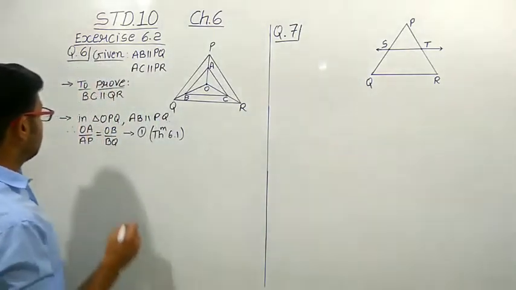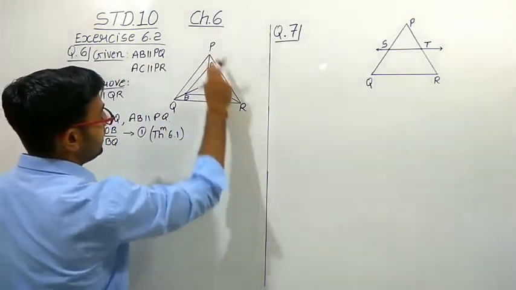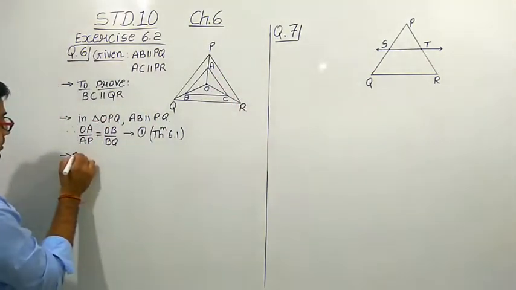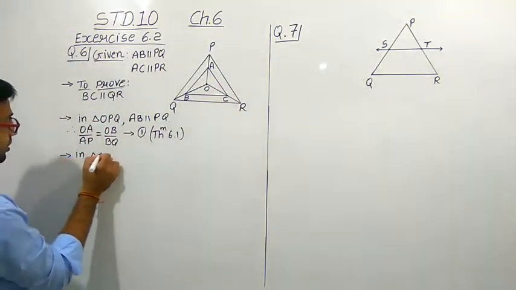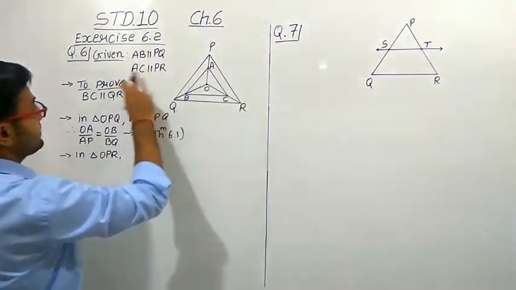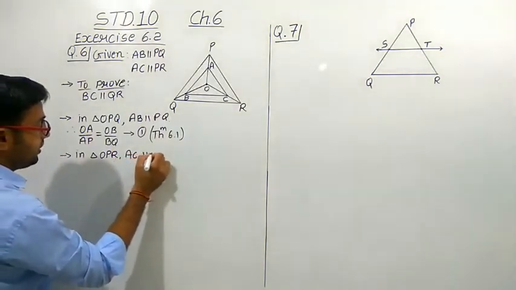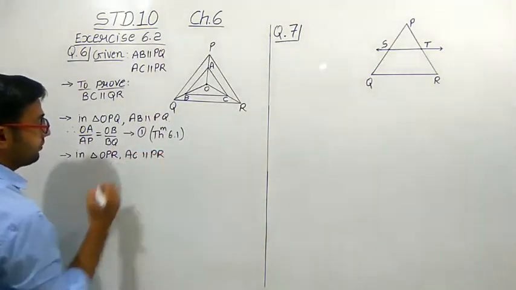In the same way, now consider this triangle OPR. In triangle OPR, here we are given that AC is parallel to PR.